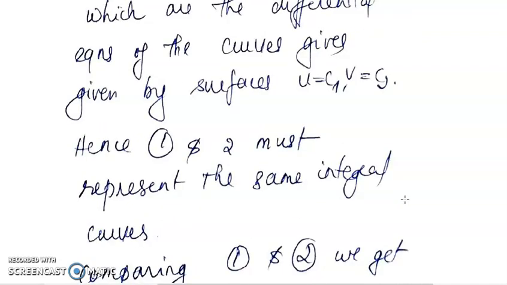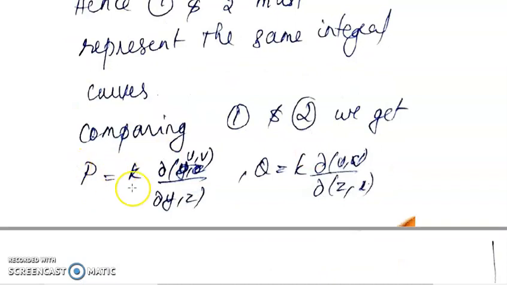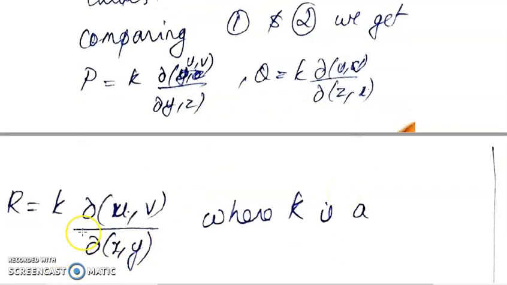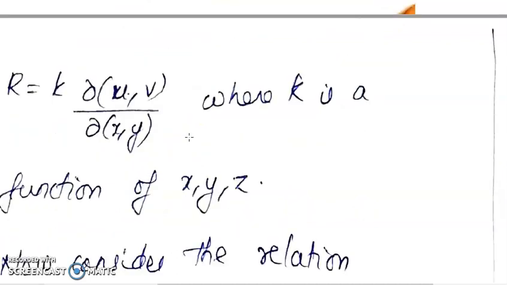So that is going to give us p equal to some k times dou of uv by dou of yz, q equal to k times dou of uv by dou of zx, and r equal to k times dou of uv by dou of xy. This happens because equations 1 and 2 are equivalent. So k is a proportionality constant.